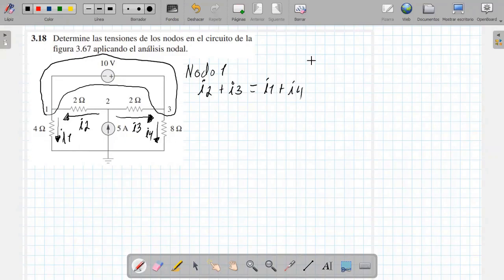Ready. Now, since I already have the current flow, all I have to do is replace them with voltages and resistances. The first one I have to replace is I2, the one that comes here, because it is going to be the node 2 voltage, V2, minus the node V1. It is minus because if the current goes there, it means that this voltage is greater than this one.